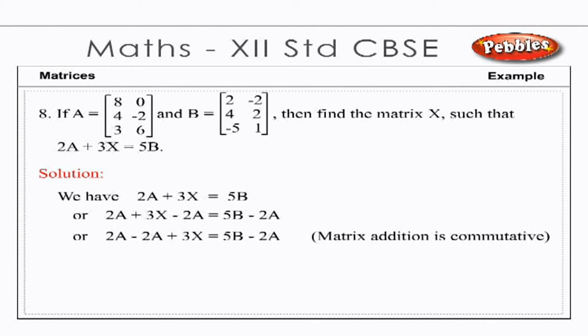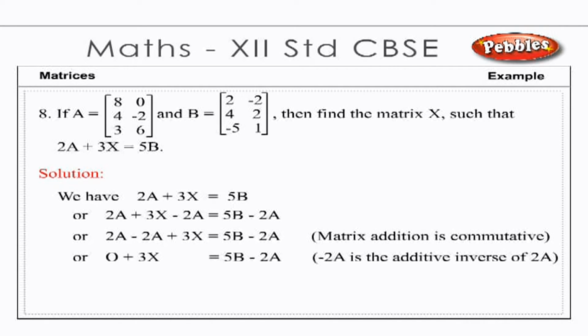Matrix addition is commutative, so O + 3X = 5B − 2A. −2A is the additive inverse of 2A, so 3X = 5B − 2A.